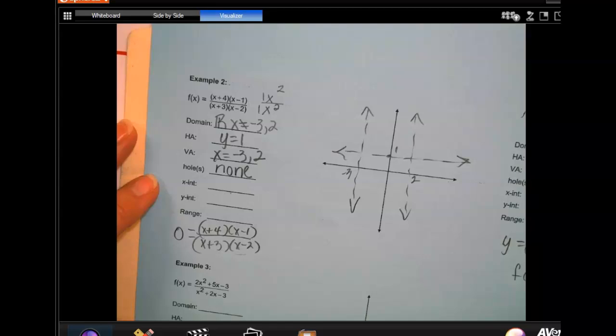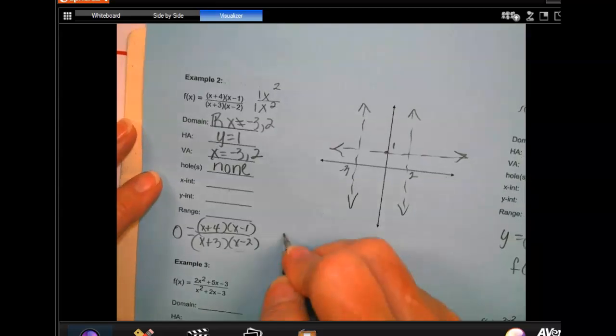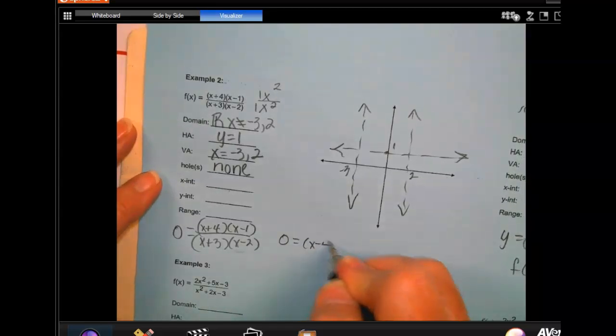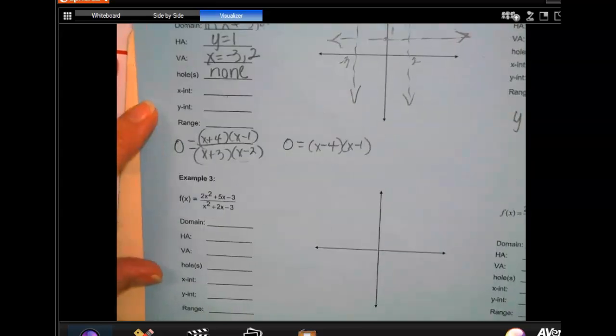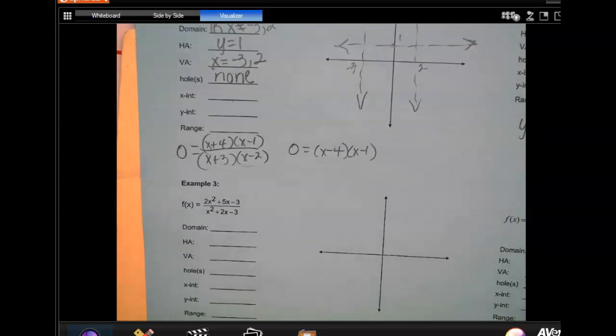They're 0, right? And so that's going to leave me this. And how do I get my factors? I set this equal to 0 and this equal to 0.